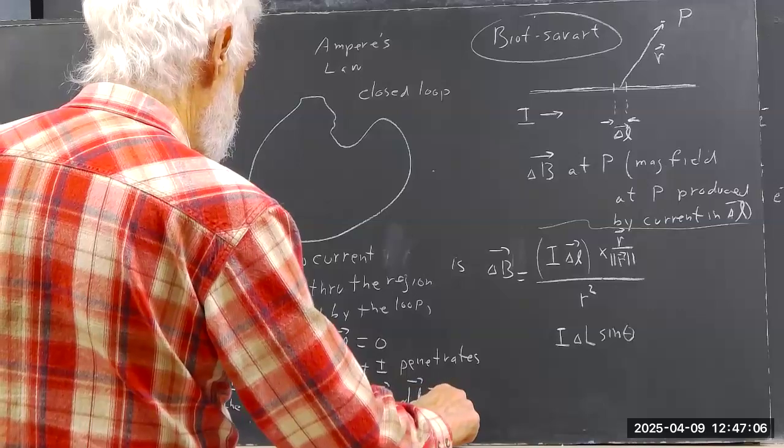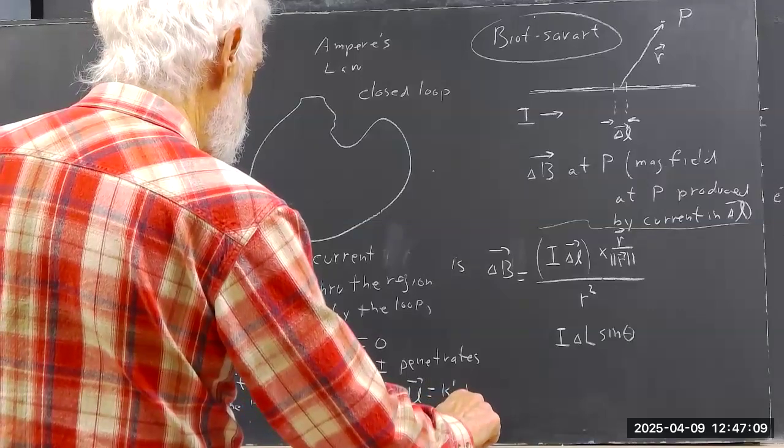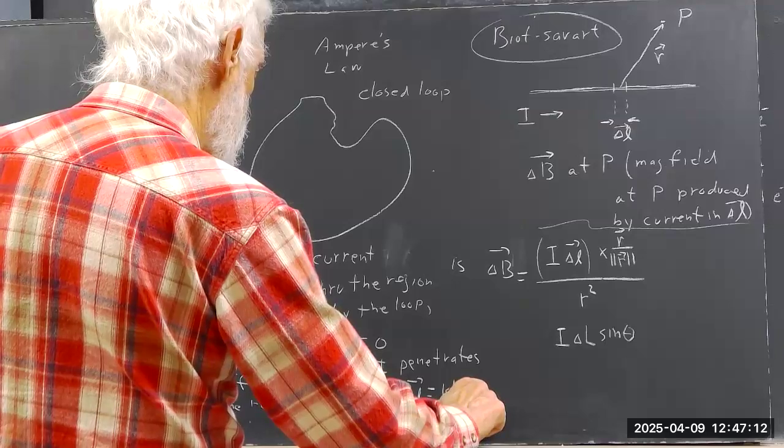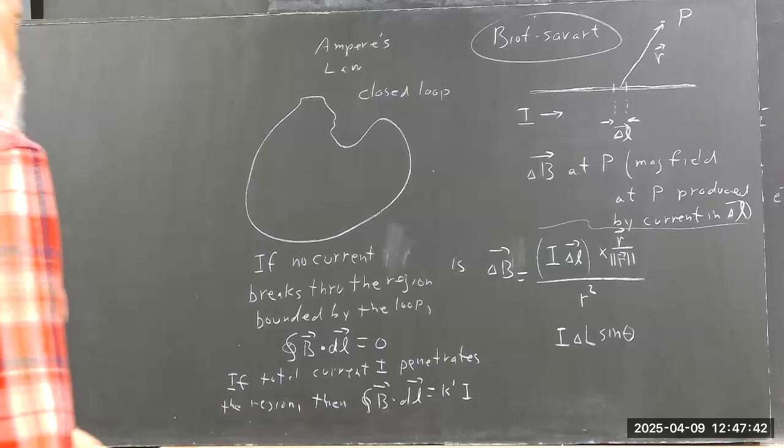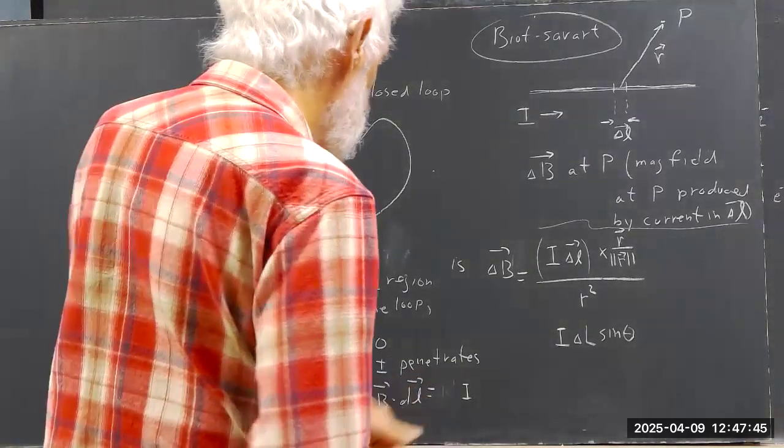I want to use them. I want to make sure, I don't remember which way the book notates it. It might be 4 pi epsilon naught. Okay, your book uses mu naught, which is 4 pi times k prime.